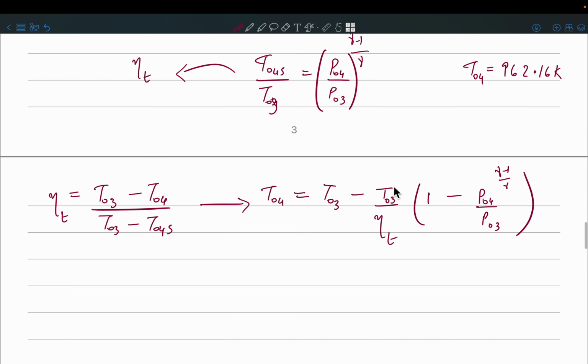Okay, and then basically you put all the values and get the value of T04. So is this part clear?